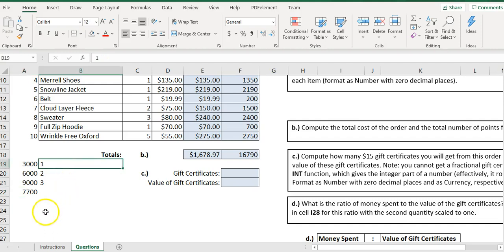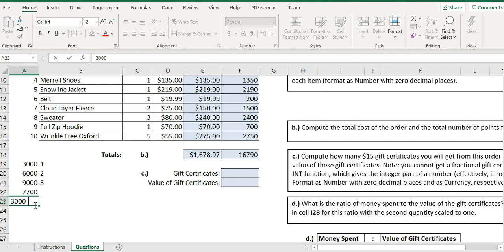So how would I figure out my formula? I would take the number of points divided by how many points I had to get. So I would take 6,000 divided by 3,000. Let's pretend it's 3,000. I would take the value here, which is 1679, and divide it by 3,000 if it was 3,000 points, and that would give me how many certificates.